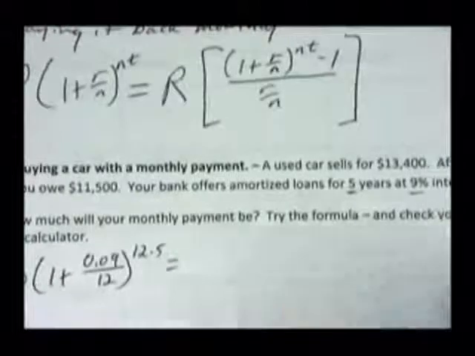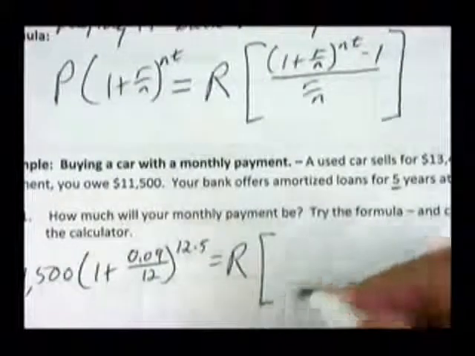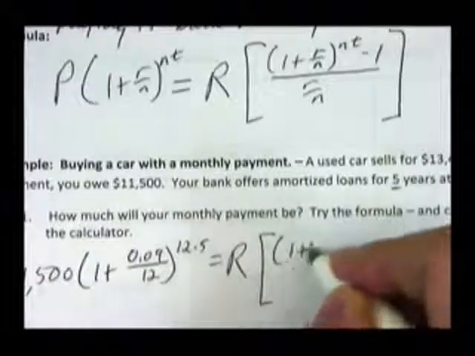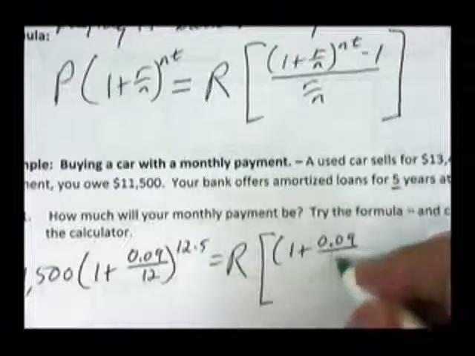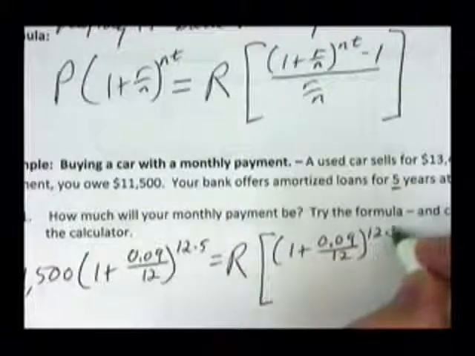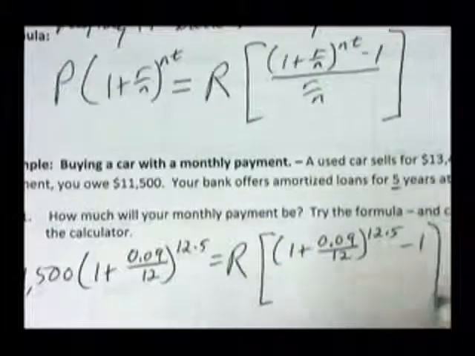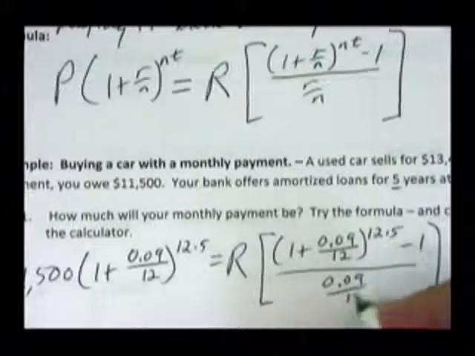Equals R, our payment, and that's what we don't know, times (1 + 0.09/12) raised to the 12 times 5 years, minus 1, all over 0.09 divided by 12.